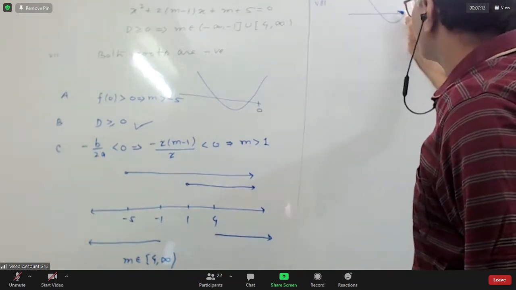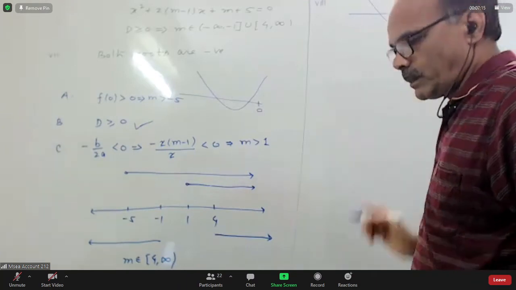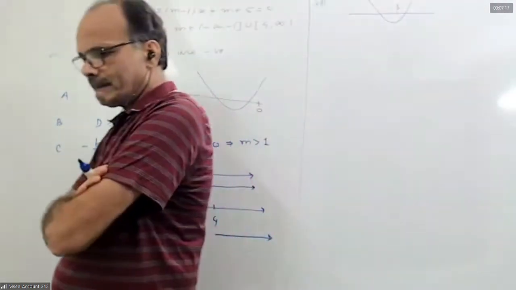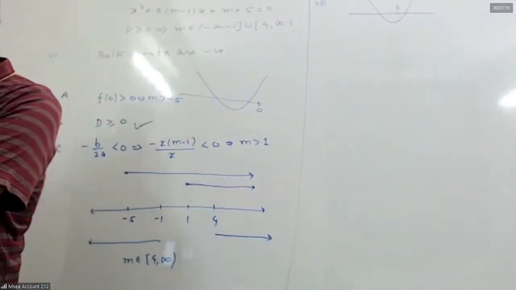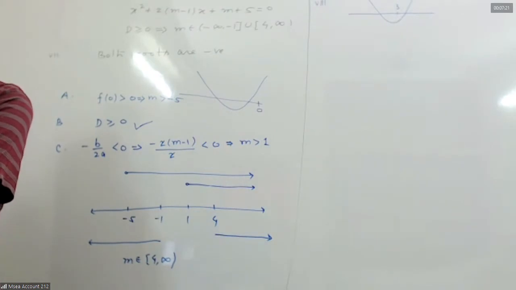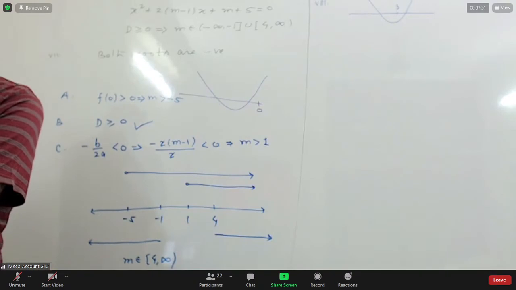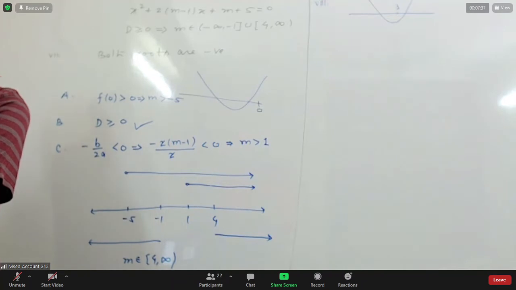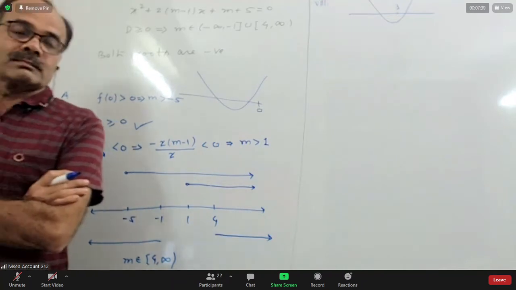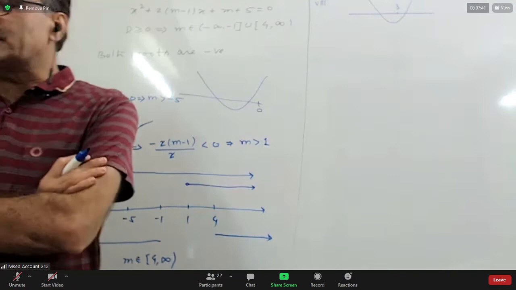Now tell me which condition we need to impose? Sir, in between 3. Sir, f of 3 negative. Any other condition? Discriminant greater than or equal to 0. f(3) negative, discriminant greater than or equal to 0. Only greater than 0. Even if you impose any other condition.